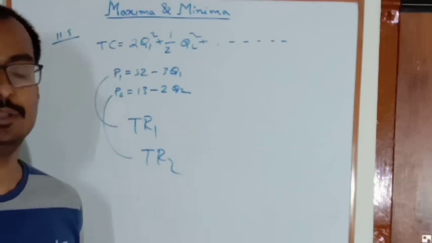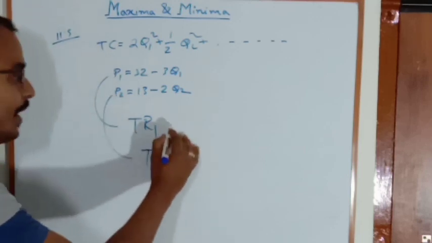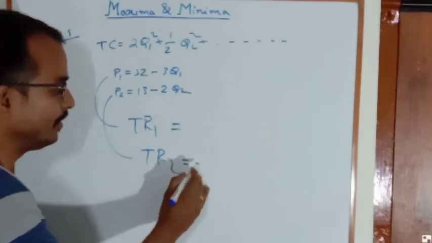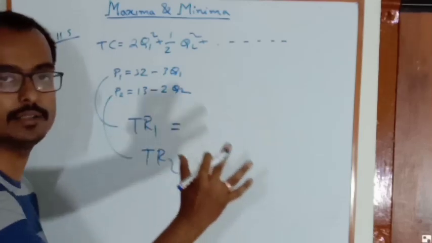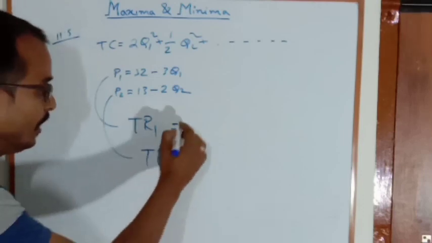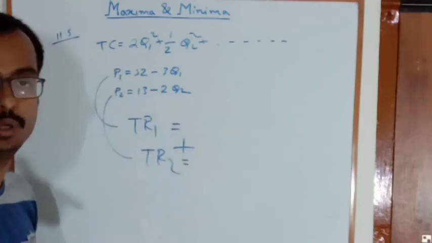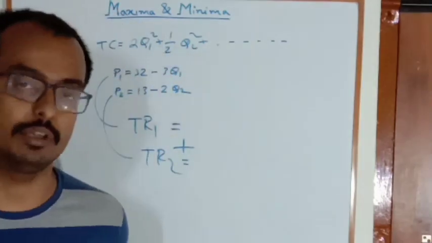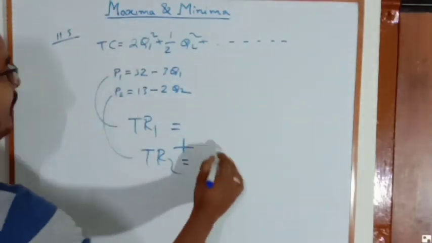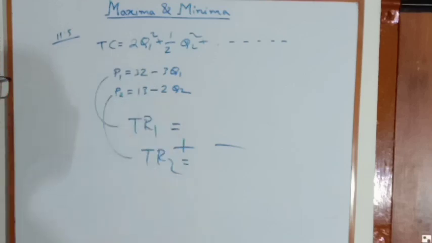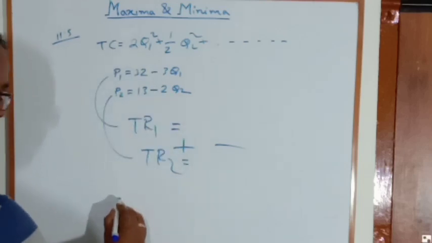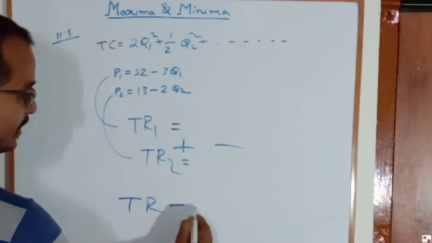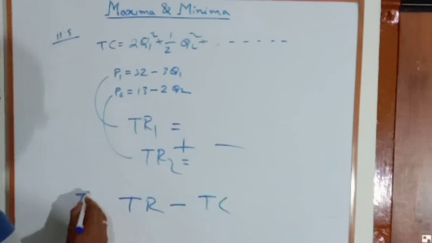TR1 is from the Nirma detergent and TR2 is from Nirma soap. If you add them, you get the sum total revenue of the firm. Now from this you subtract the total cost function. So TR1 plus TR2 is equal to TR, and TR minus TC is your profit.